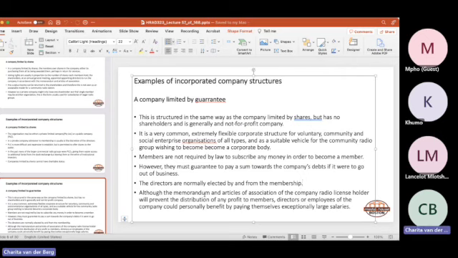So although the memorandum and the articles of association of the radio license holder will prevent the distribution of any profits to members, directors or employees of the company could personally benefit by paying themselves exceptionally large salaries, which happens in some community radio stations, not in campus radio stations, because there are a lot of checks and balances in place within a campus radio.